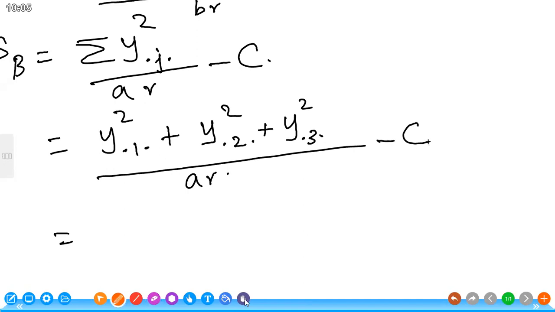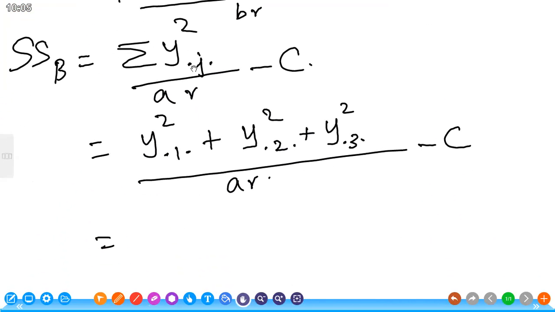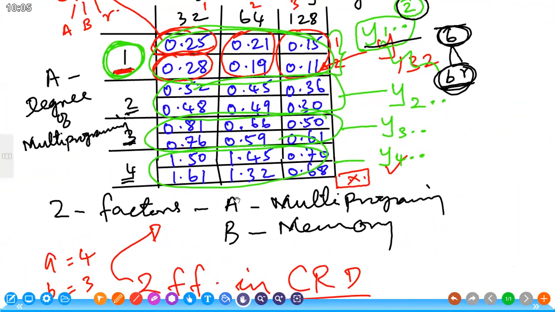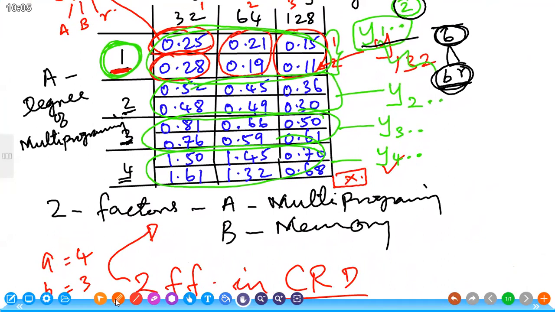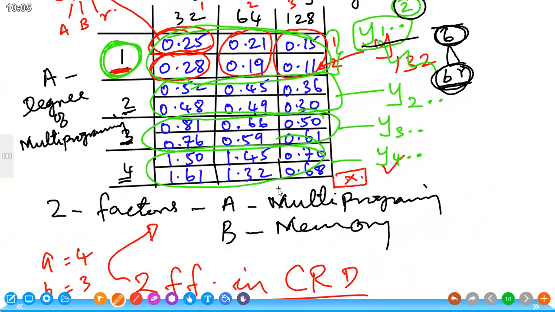Right, I'm going to show you. Now, what is this? How can we explain that? It is the total square of what? The first level of factor B. So now we are adding the values of the first level of factor B. What is the first level of factor B?